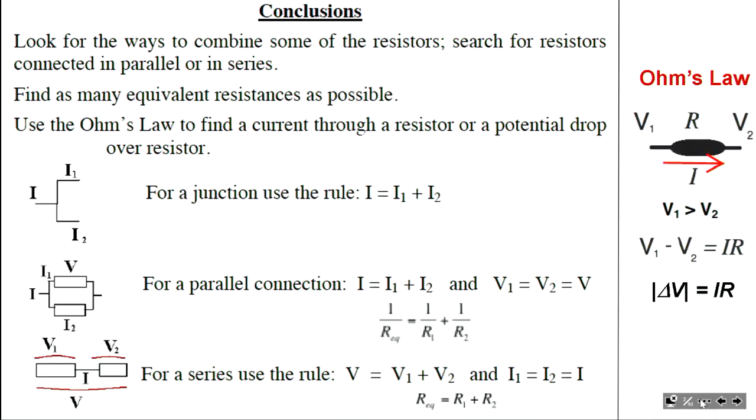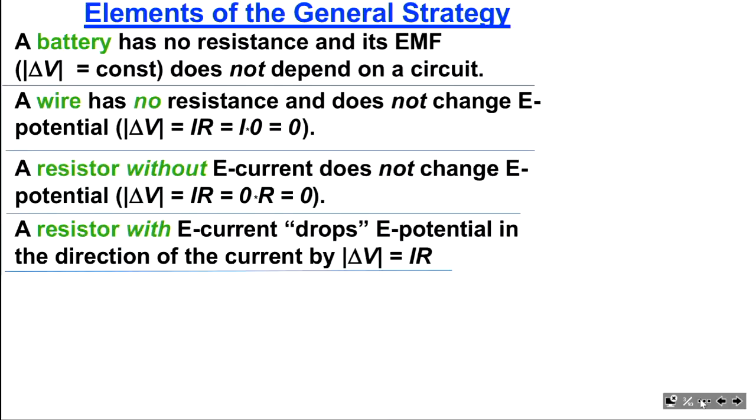For some situations we know additional relationships: the junction rule, basically a law of conservation of charge, and the rules for equivalent resistance, which are basically a manifestation of Ohm's law for specific situations.